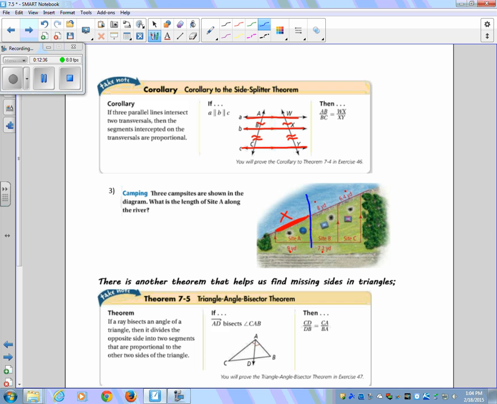Again, you can think about extending your parallel line, kind of think of this as turned on its side now. Extending the parallel line, this over this equals this over that. So 9 is to 7.2 as x is to 8. 72 equals 7.2x, and x equals 10. So it would be 10 yards.